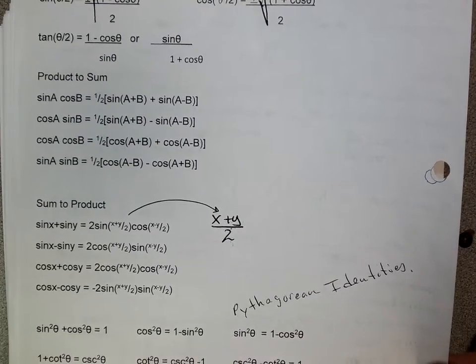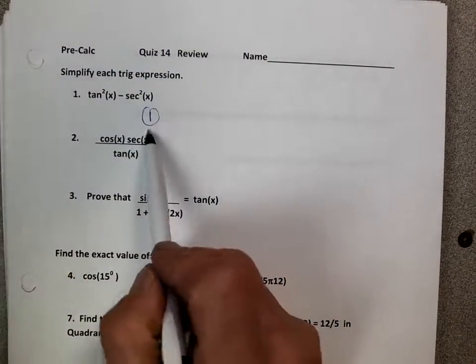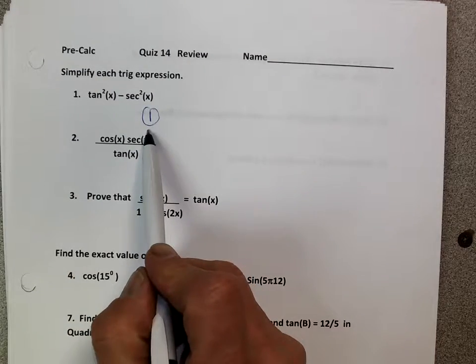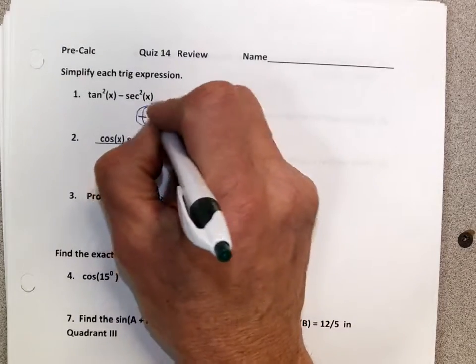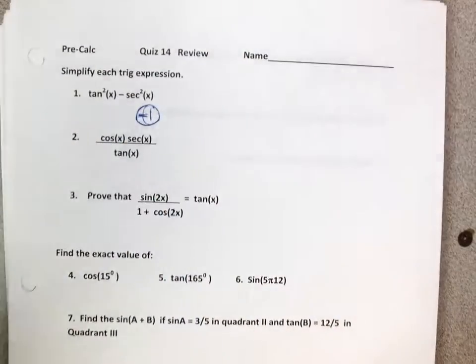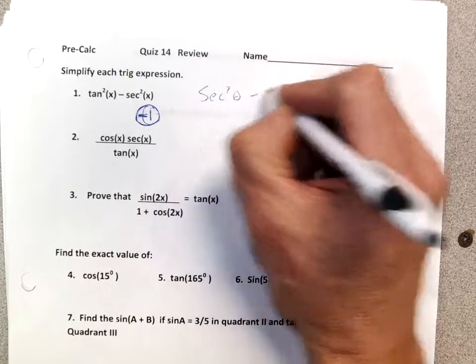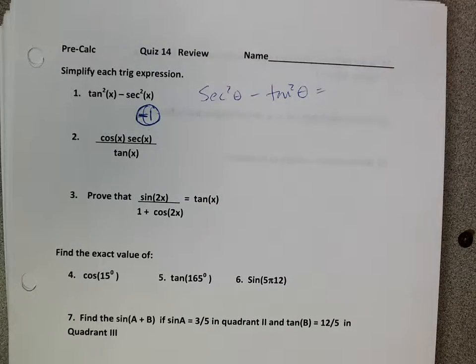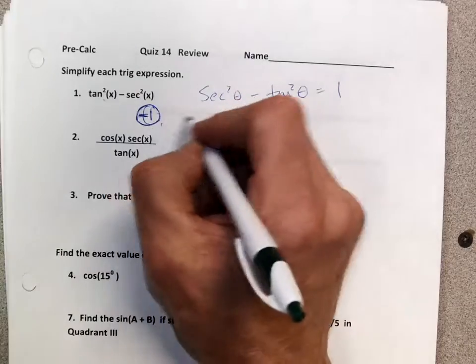Tangent squared minus secant squared. No, it's secant squared minus tangent squared. So it's really -1. It's the other way around. Okay. Anyway, we know that secant squared theta minus tangent squared theta is equal to 1. So tangent squared minus secant squared is equal to -1.